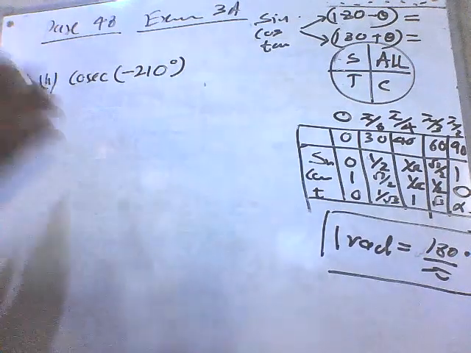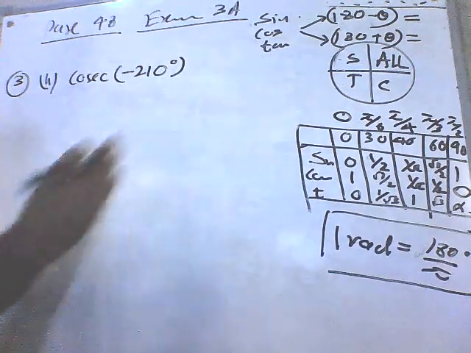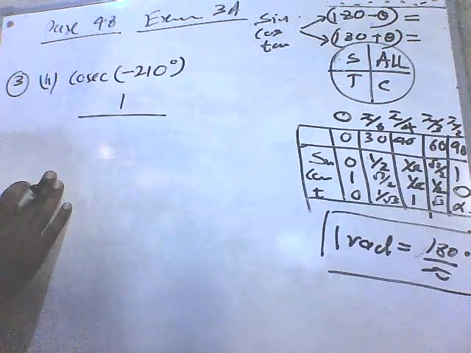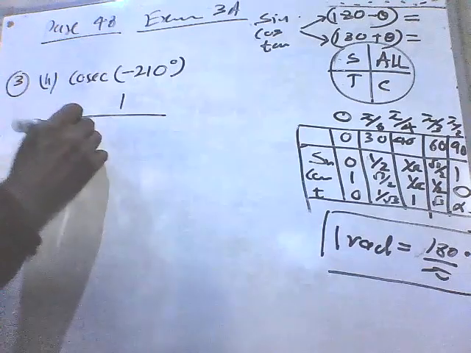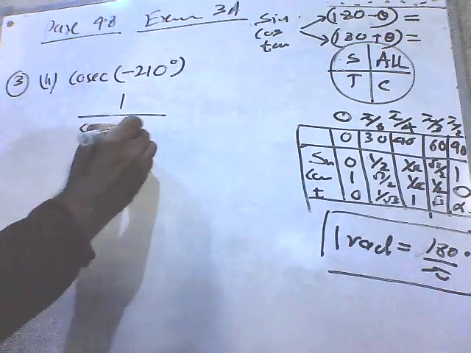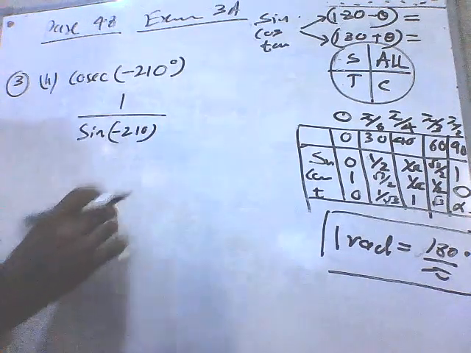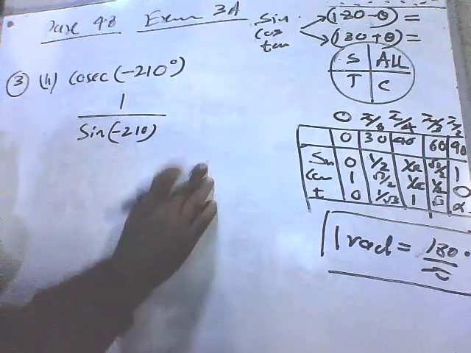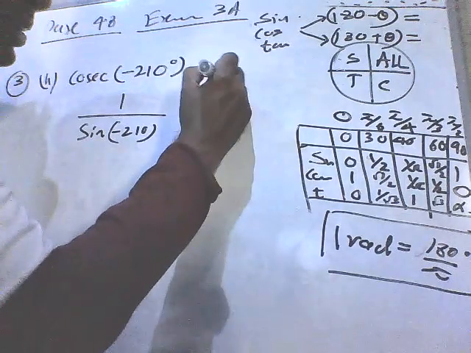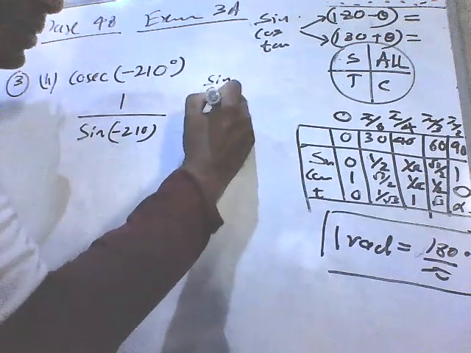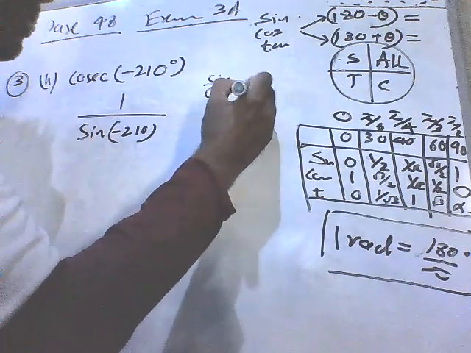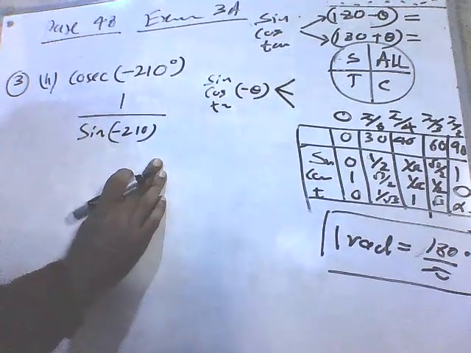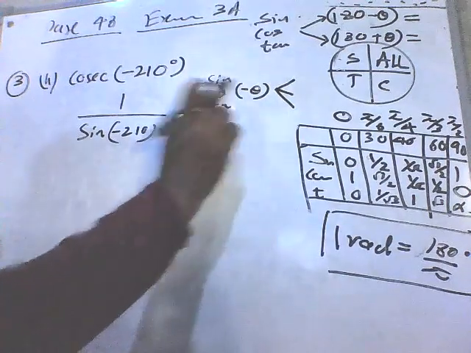So we can do it like this. First of all, we will turn this into a known form, and it will be 1 over sine of minus 210. So actually now here this is like 180. I hope you can remember sine, cos, tan of minus theta.